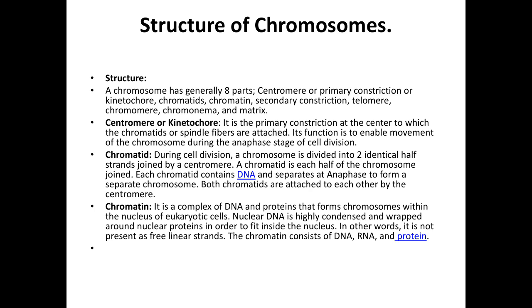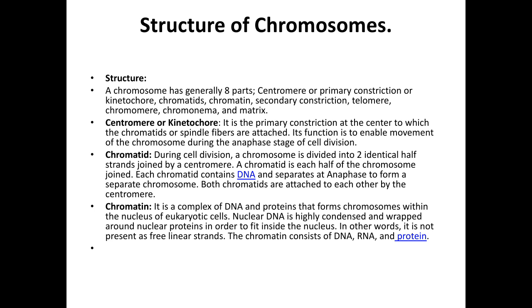Next, structure of chromosome. The chromosome has generally 8 parts: centromere or primary constriction or kinetochore, chromatids, chromatin, secondary constriction, telomere, chromomere, chromonemata, and matrix.